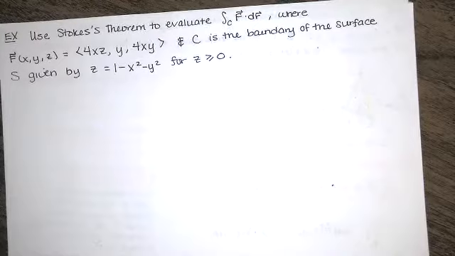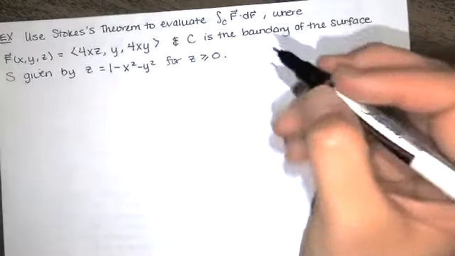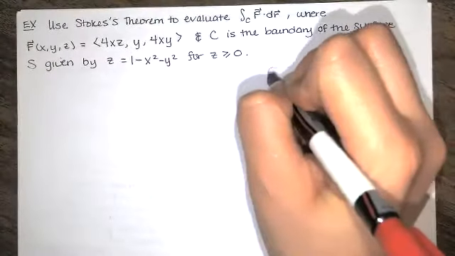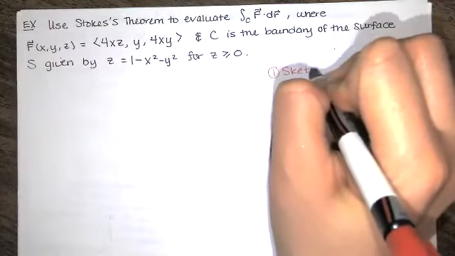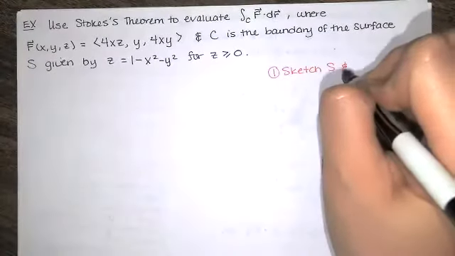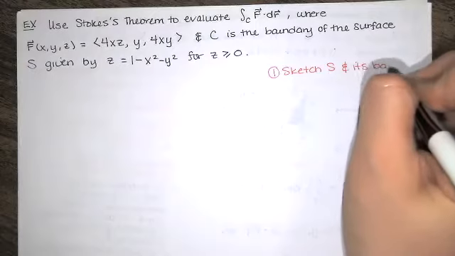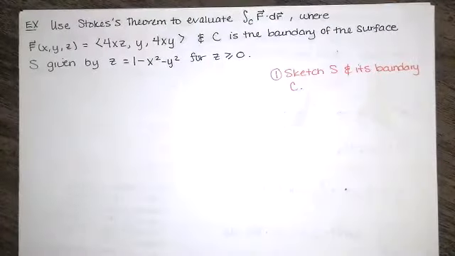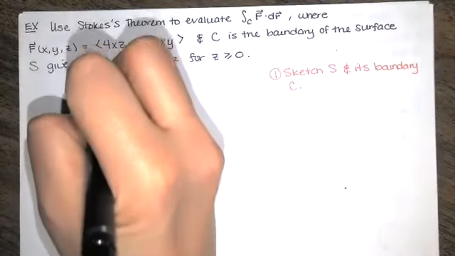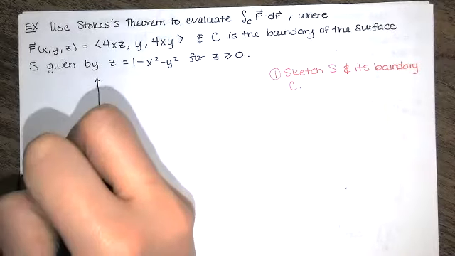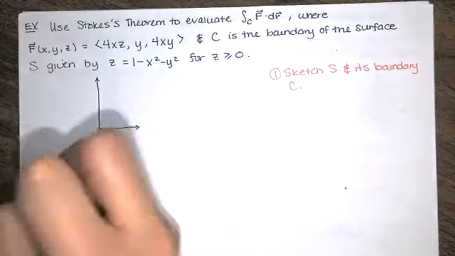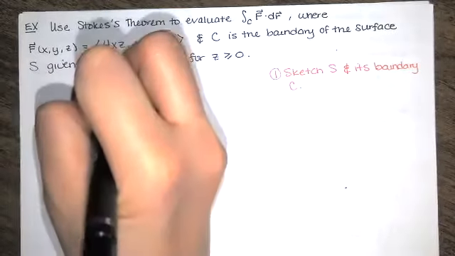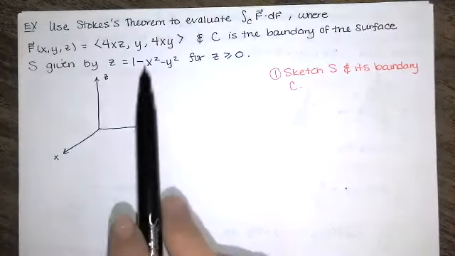The first thing I would do is sketch the surface S and its boundary C. Well, I think we know, just from looking at it, we've been looking at a lot of different surfaces all semester.